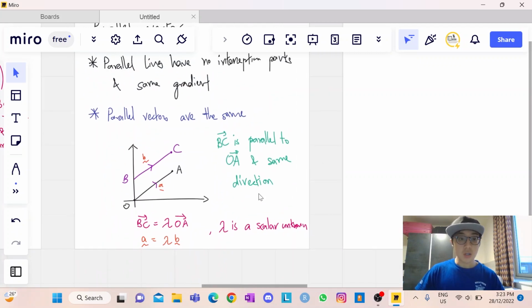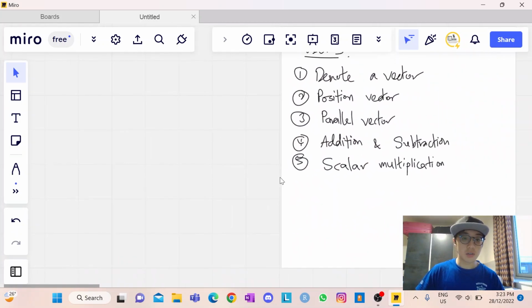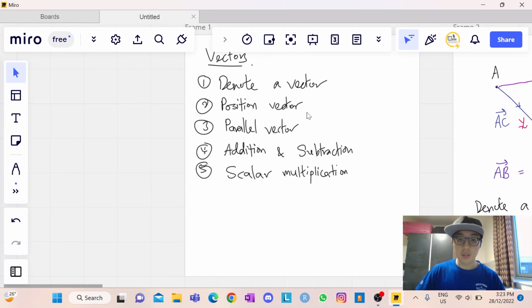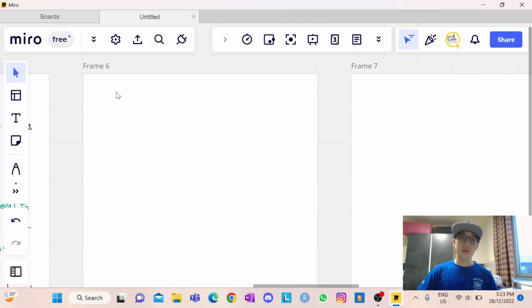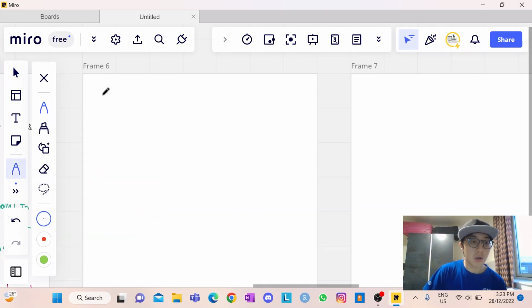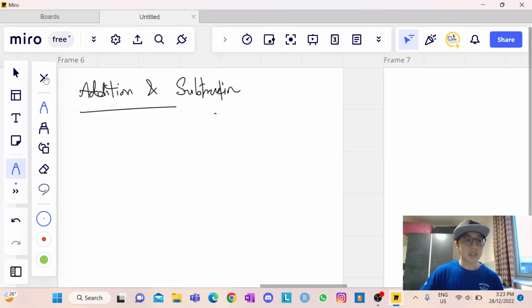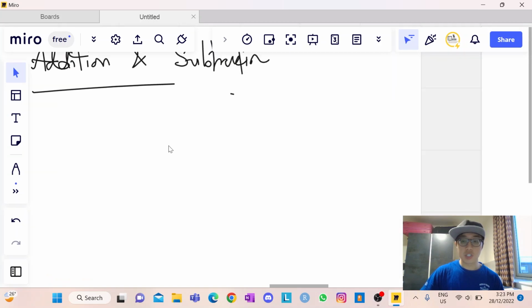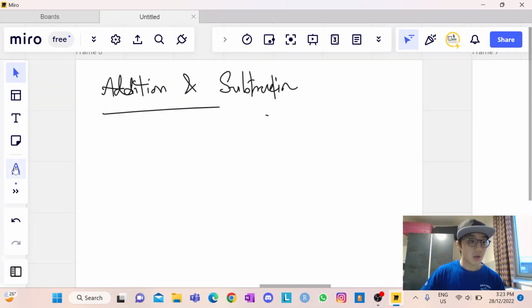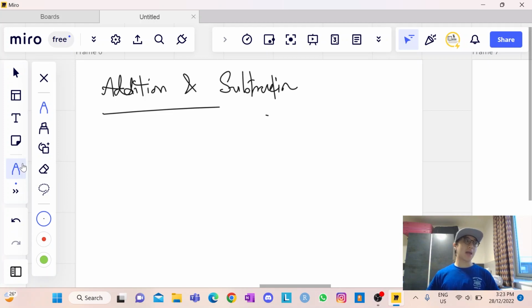After all these, let's look at the next one. We have denoting a vector, position vectors, parallel vectors, and the addition and subtraction of vectors. It's basically the same as the normal addition and subtraction that you have learned, except you need to add according to the x component and the y component.